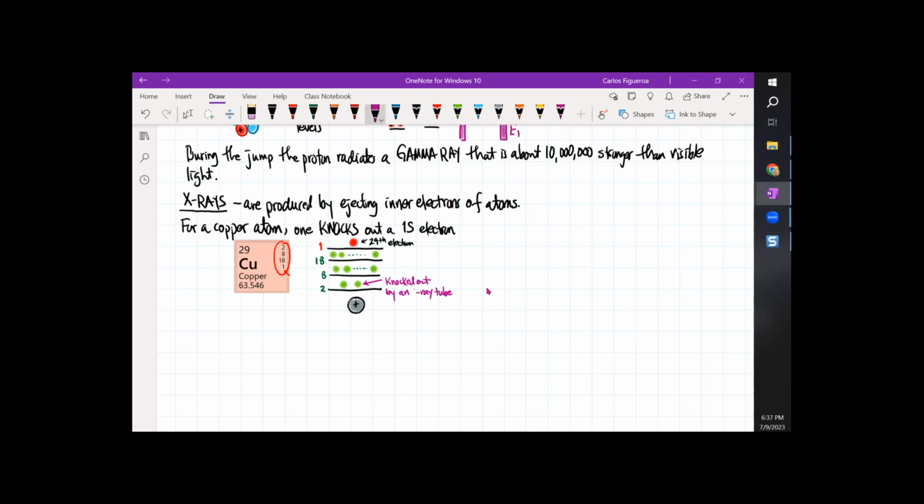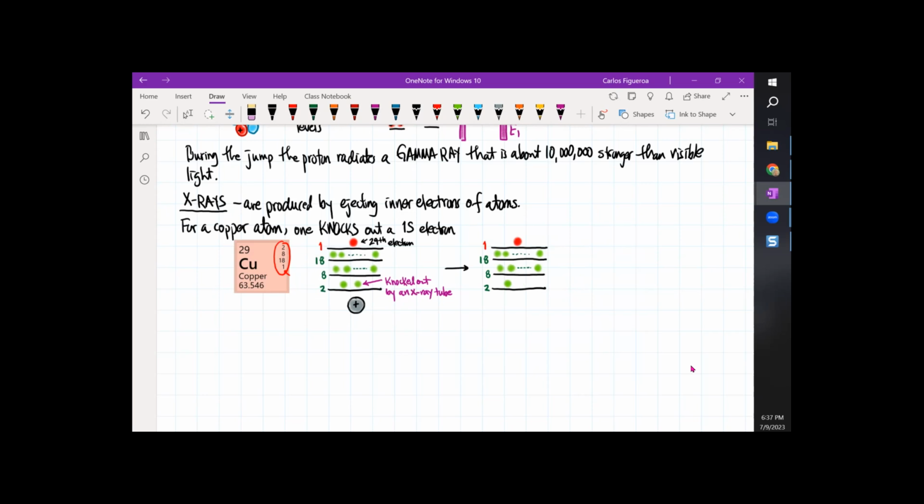So when you knock it out, what actually happens? You then have the same structure, and guess what? I'm going to copy this. I should have copied it beforehand, but I'll modify it. I'm going to copy it and put it right here again. Remember, I'm not going to deal with the nucleus anymore. So now I've knocked out this electron right there.